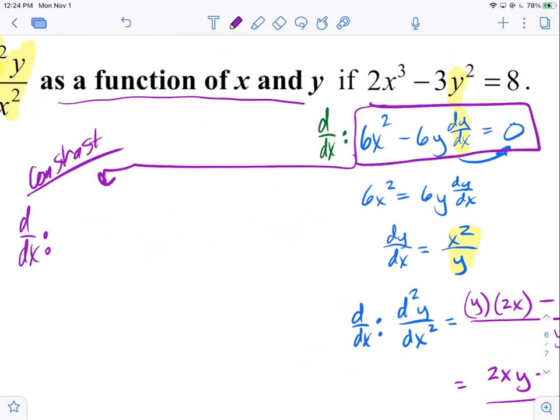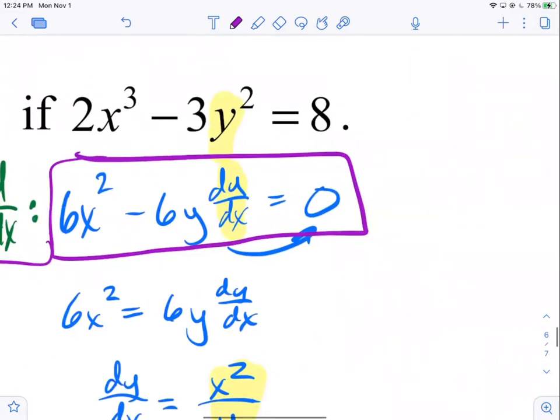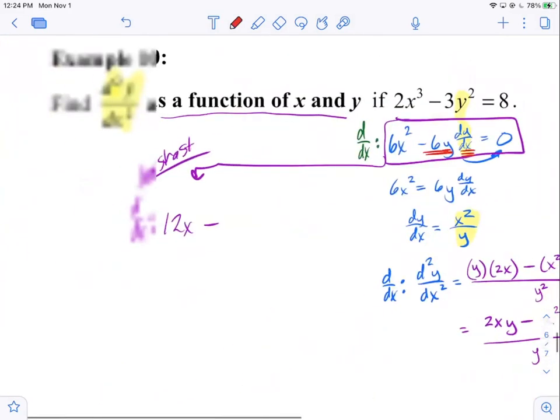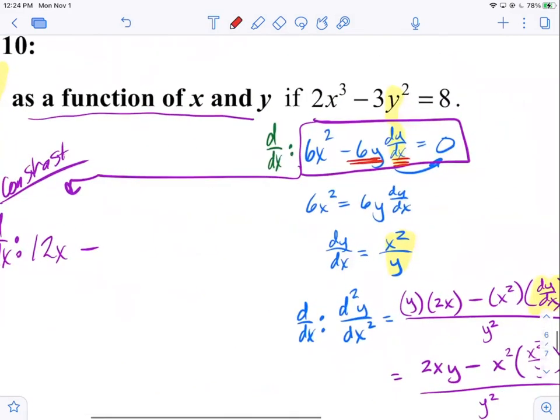All right. With respect to x, the derivative of 6x squared is 12x to the first. No one's going to tell me when to take the derivative. I do it when I want to. Minus. Look. Now I have a product rule, negative 6y and dy dx. Those are two separate factors. Well, what would be the derivative of negative 6y with respect to x?